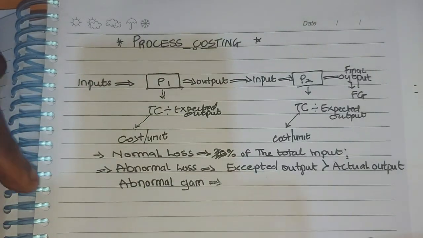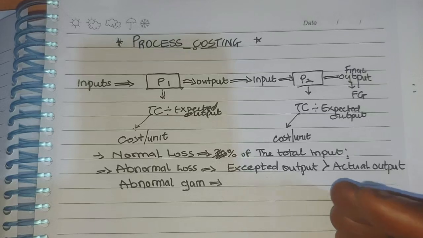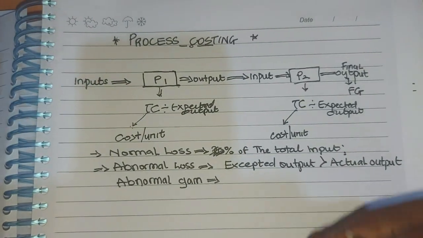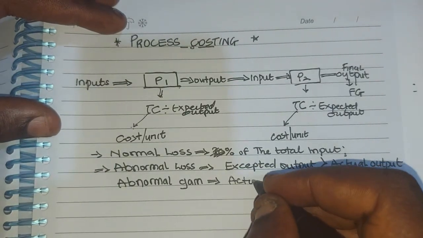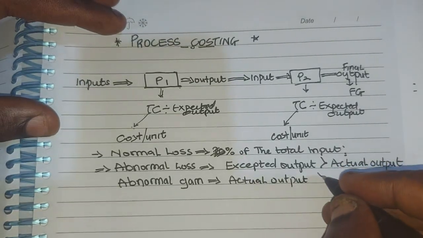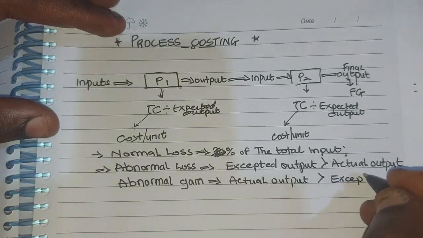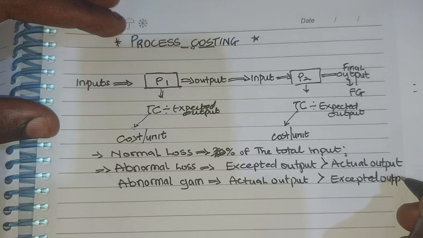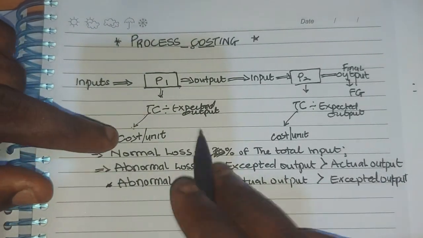And you know, sometimes probably due to the efficiency of the machine, when you use a good quality of material, in that case the actual output will now be greater than the expected output, or when the expected output is less than the actual output. Okay, all right, so take note of these basic terms.